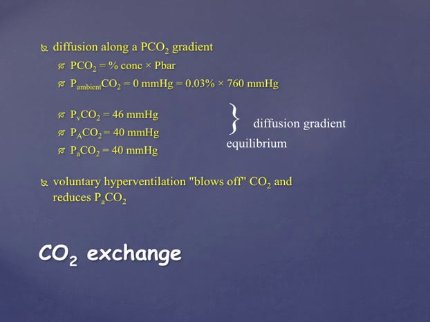Now you may say, why don't we talk about the effect of voluntary hyperventilation on oxygen levels? And the fact is that voluntary hyperventilation, making lung air look more like room air, means the alveolar PO2 will increase, so the arterial PO2 will increase.